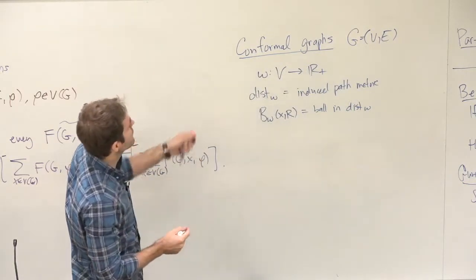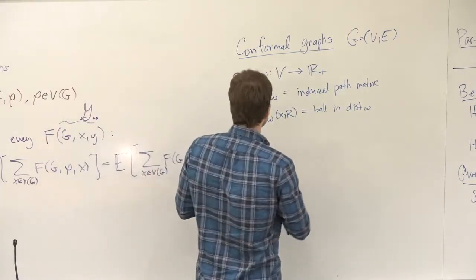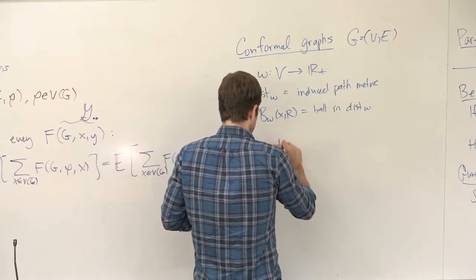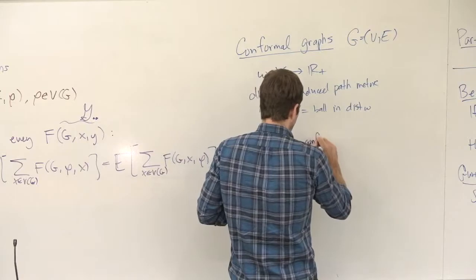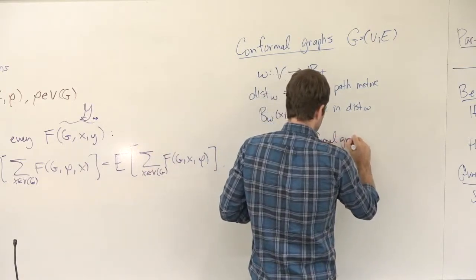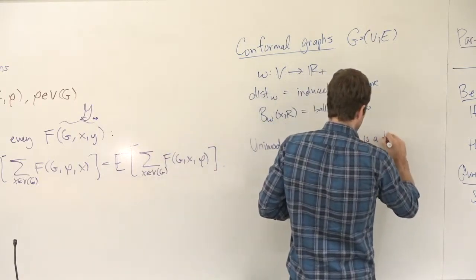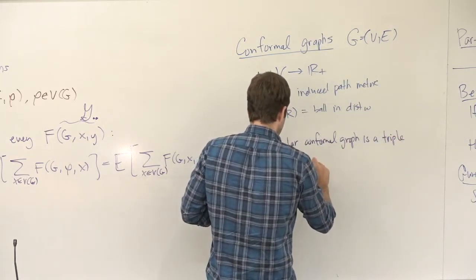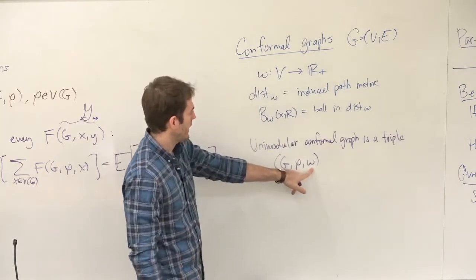And then once you define that, you can define, let's say, a unimodular conformal graph. Okay, so this is a graph, a root, and a weight.